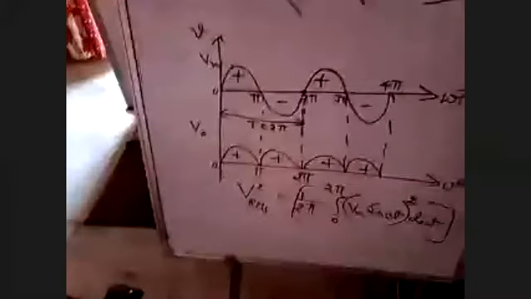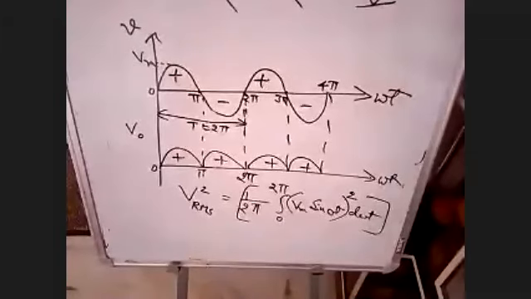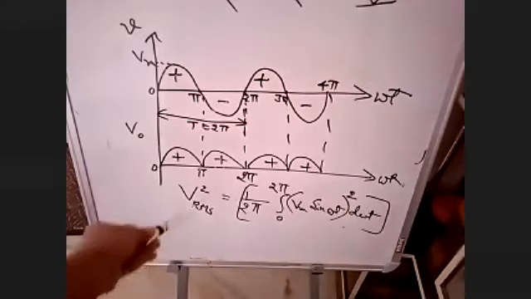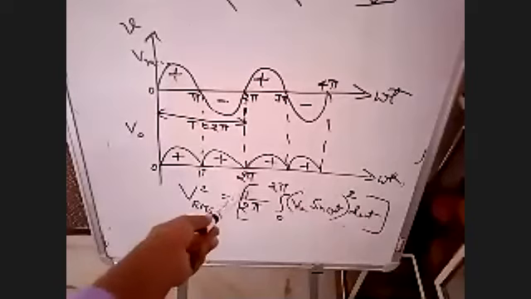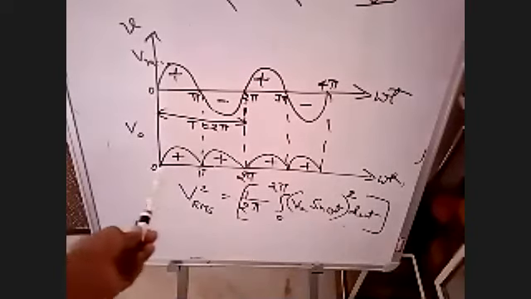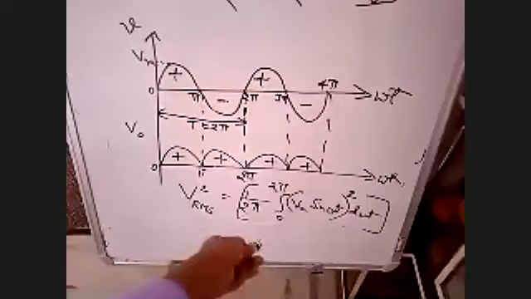But here I'm not multiplying with 2, because here the limits I am taking are 0 to 2 pi.